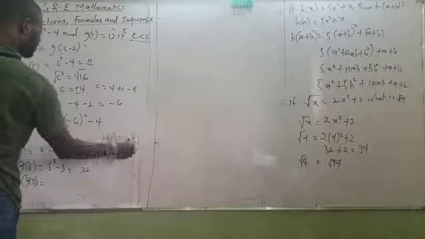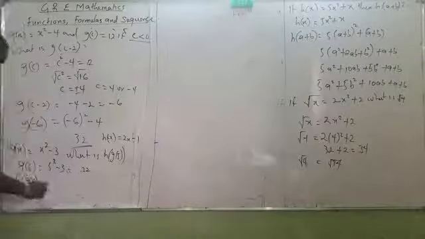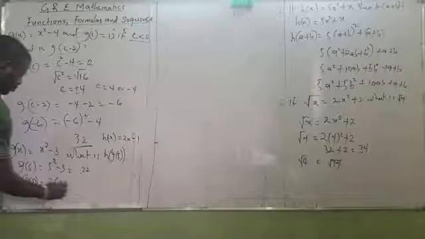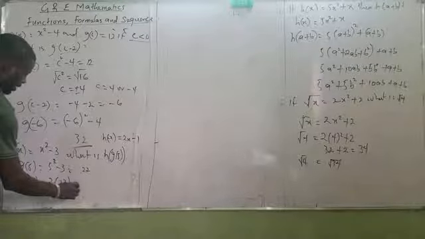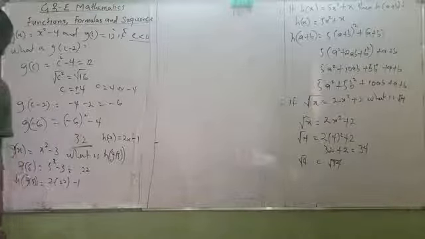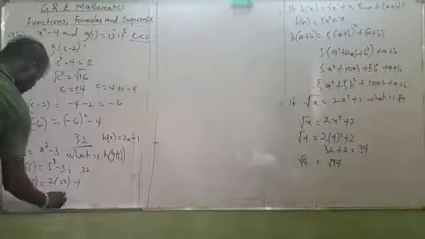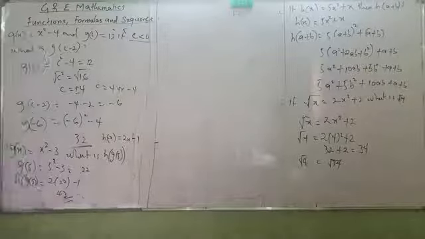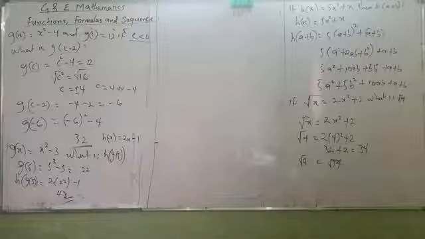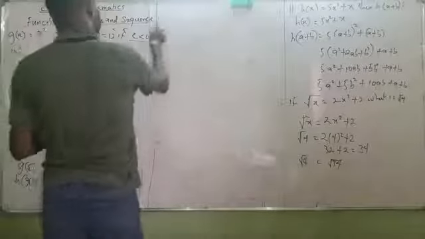Now, I will be having 2 bracket of 22 minus 1, which is 44 minus 1, that will be 43. That is the answer.